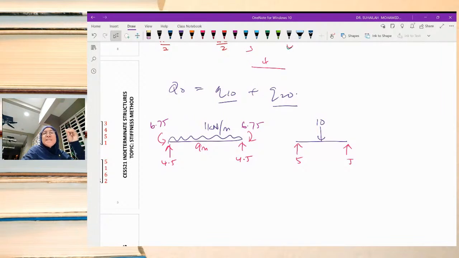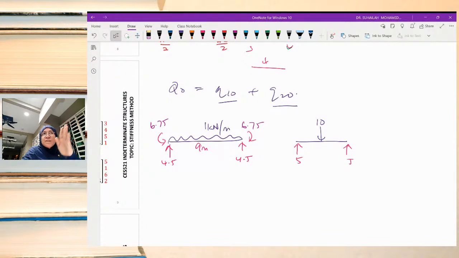For BC, it is subjected to a point load at the center. Point load at the center means the balancing is 5 and 5, equivalent to 10.